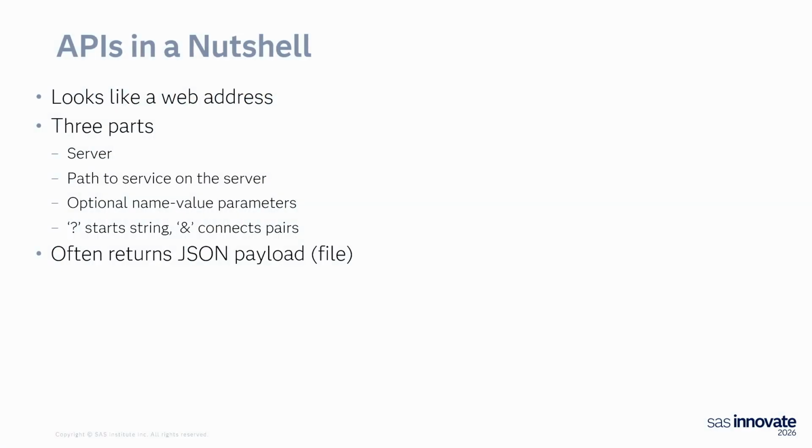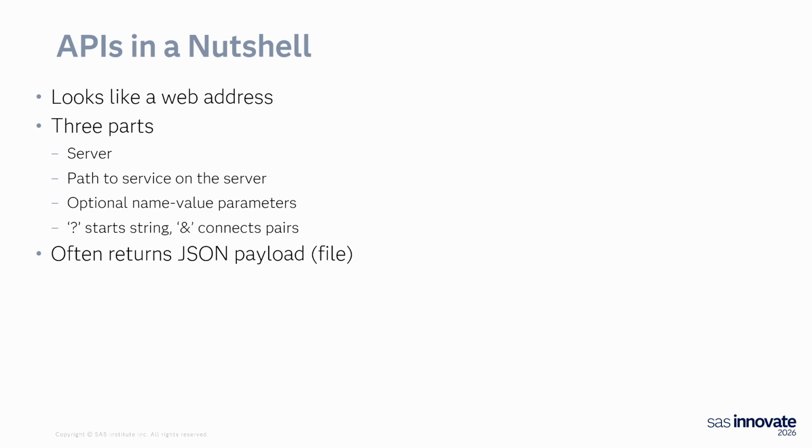So what is an API? In case it's not evident, if you saw it running down the street, it would look like a web address. It starts with usually HTTPS, like any other web address. It has three parts. The first part is the server. This is something that normally ends in a high-level domain name like .com or .gov that you're familiar with. Then there is a path to the actual service or program you're going to want to run using the API.